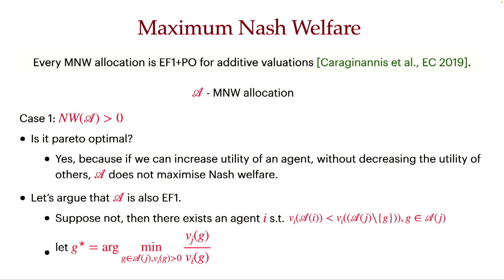First thing we need to say is why it will happen that there are goods that are positively valued in the bundle of j, j's bundle. Why should this happen? Why is there at least one good which is valued positively?